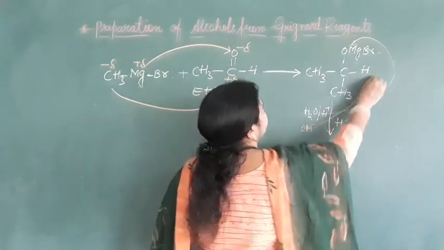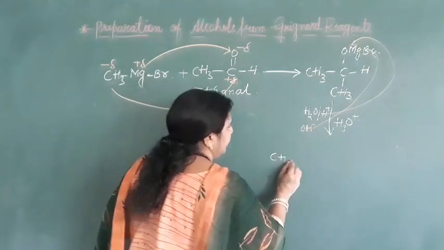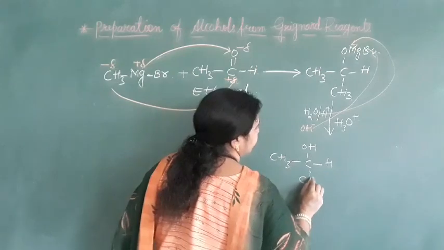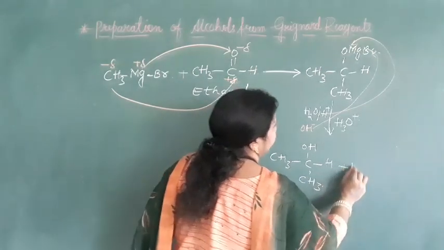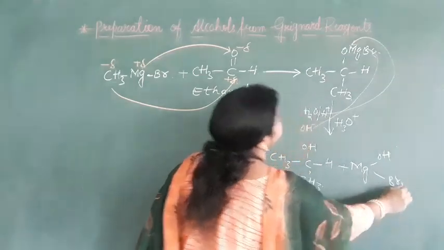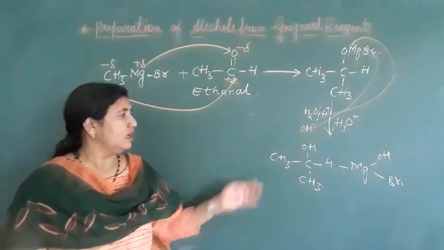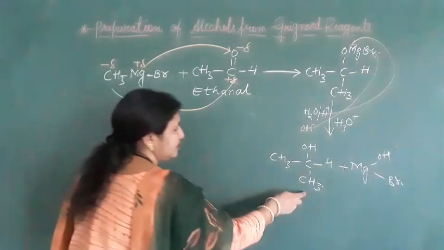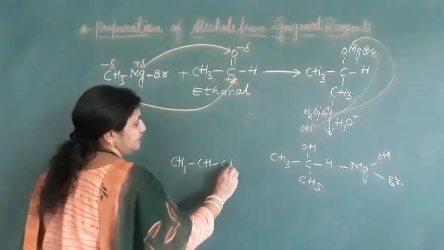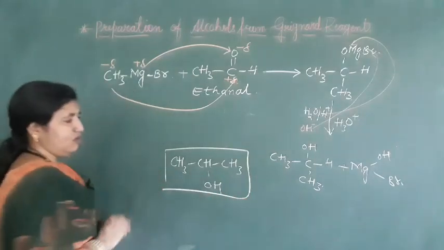So we are getting the product CH3 COH H CH3 plus MgOH Br. If I write it this way, CH3 CH CH3 and here OH. So we are getting this alcohol.